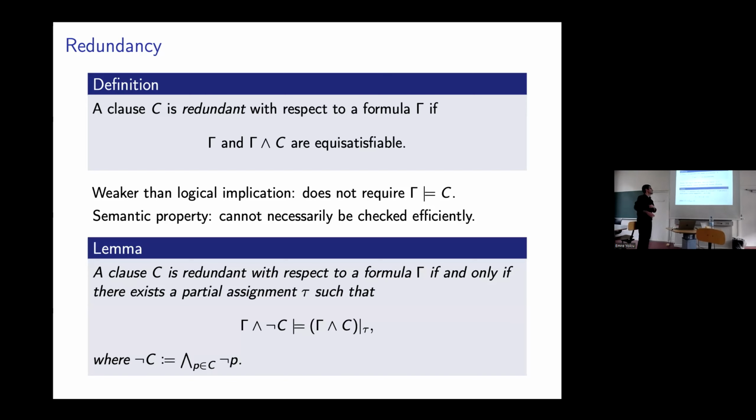When defining these proof systems, it's useful to characterize redundancy in a slightly different manner, because by looking at this characterization, you are able to put some restrictions on it, which give you syntactic properties, which you can check efficiently and make proofs out of.